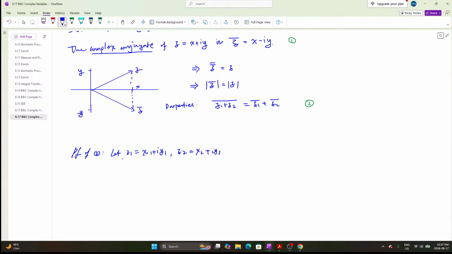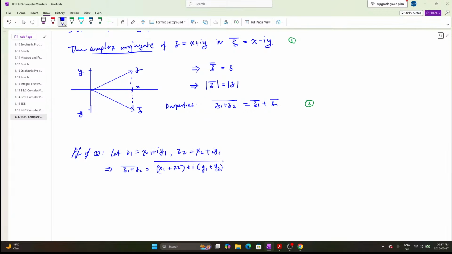As a result, the conjugate of z1 plus z2 is the conjugate of (x1 plus x2) plus i times (y1 plus y2).